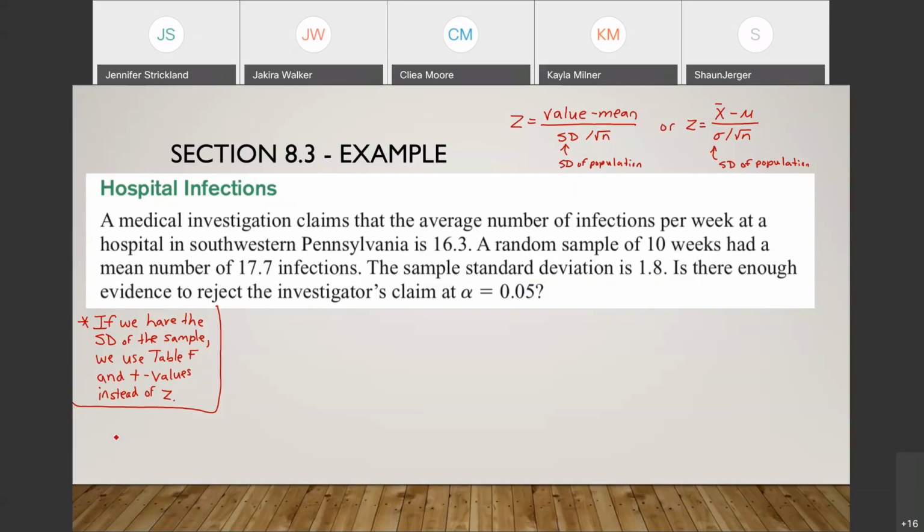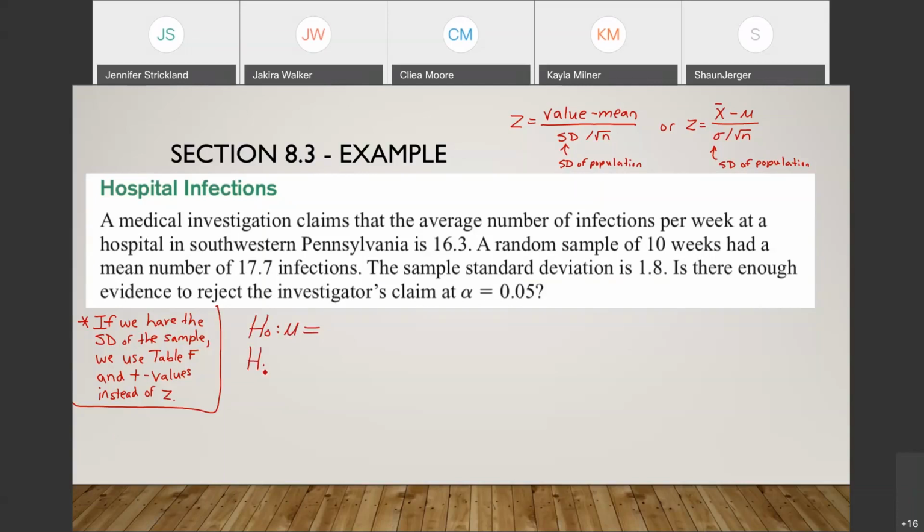So do we see any of those keywords in this problem? More, less, greater than, less than, increase, decrease, anything like that? Okay, so if I don't see anything like that, what do you say? I say it's average. Right, so if I don't see anything like that, I know that the null has an equal to regardless, so that's really not up for discussion.